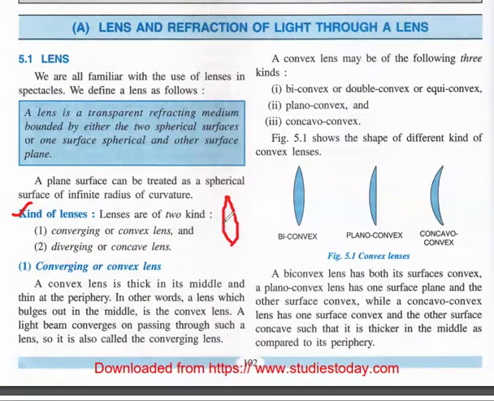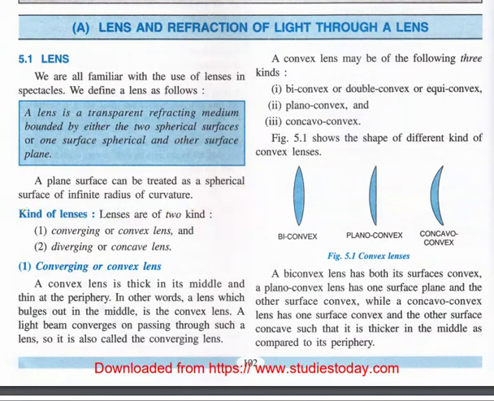The convex is a converging lens. It is known to be converging because when the light ray passes through it, it converges, and at the focal point the image is seen.